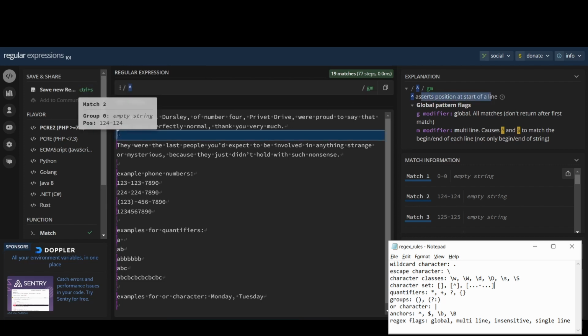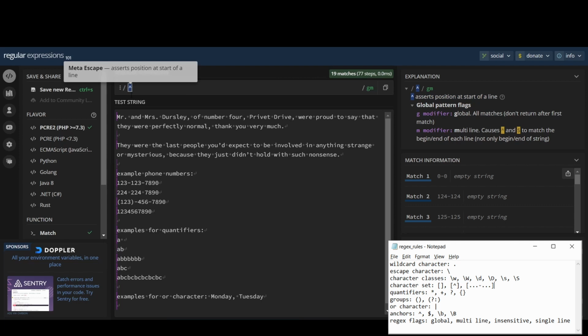So as you can see, we are having this purple dotted line at the beginning of each line because this caret symbol is matching the beginning of the line, but it's not going to produce any match because the position is not going to span any indexes. It's merely a position. So to make it useful, you need to combine it with something else.